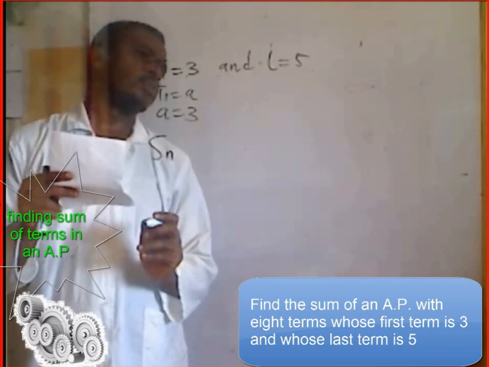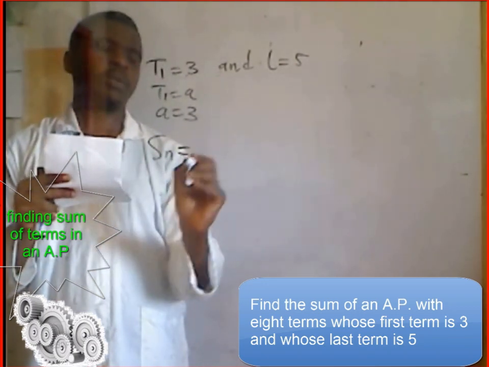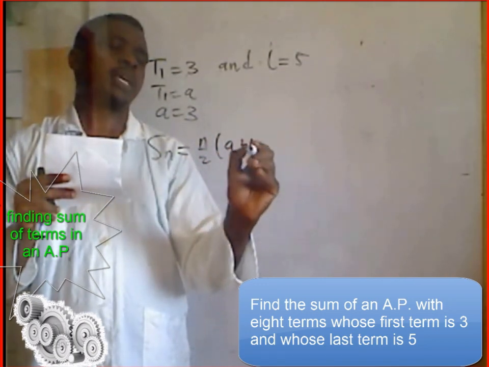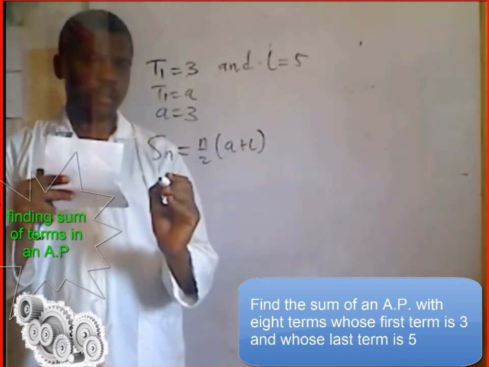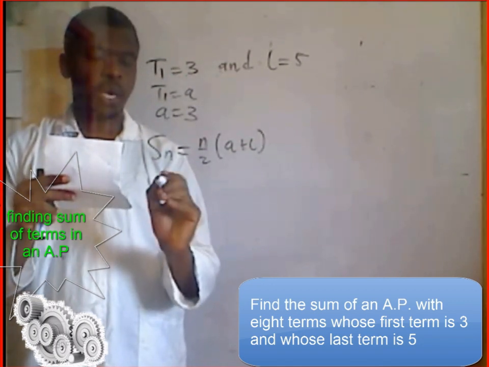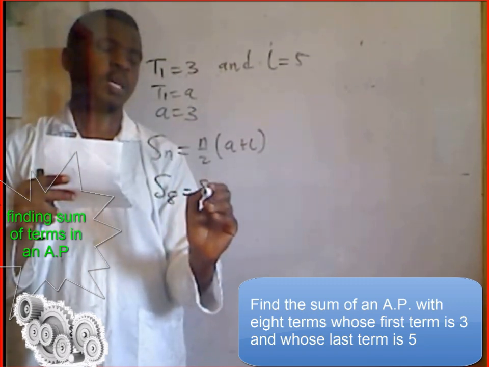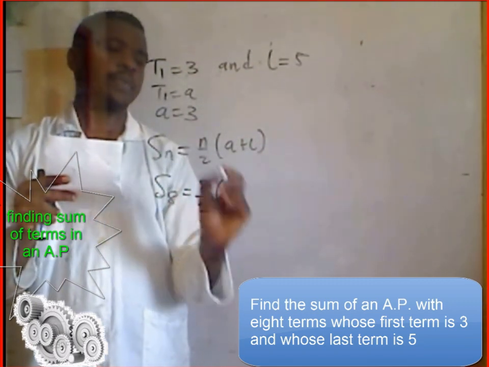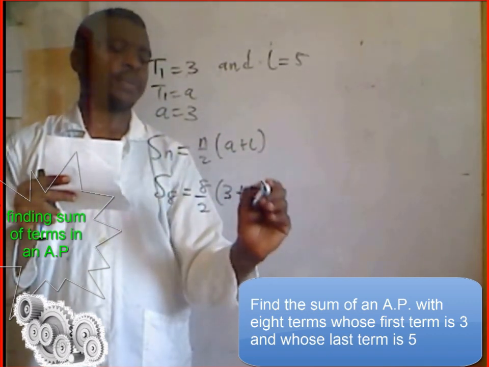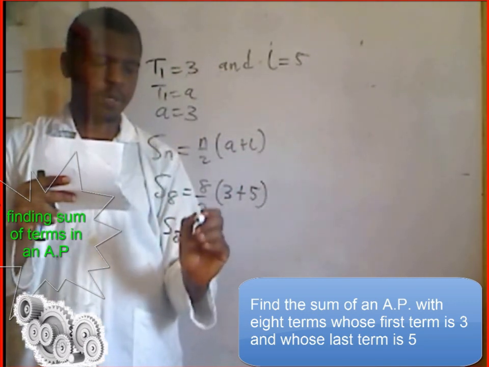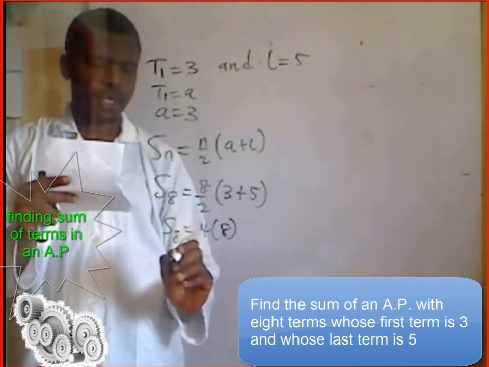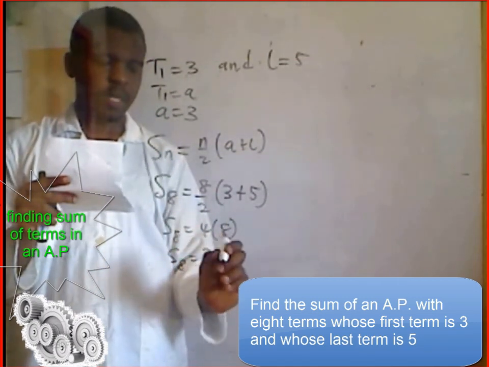The sum is equal to n all over 2 factor of A plus L. So S8 will be equal to 8 all over 2 factor of the first term 3 plus the last term 5. S8 will be equal to 4 factor of 8. S8 gives us 32.